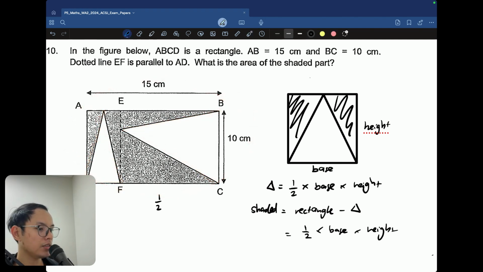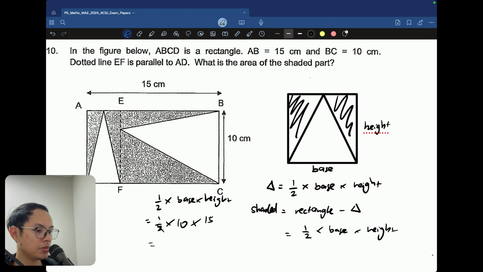So the answer is half times base times height. It doesn't matter how many triangles are inside it, since it's just one side times one side, it's half times 10 times 15.